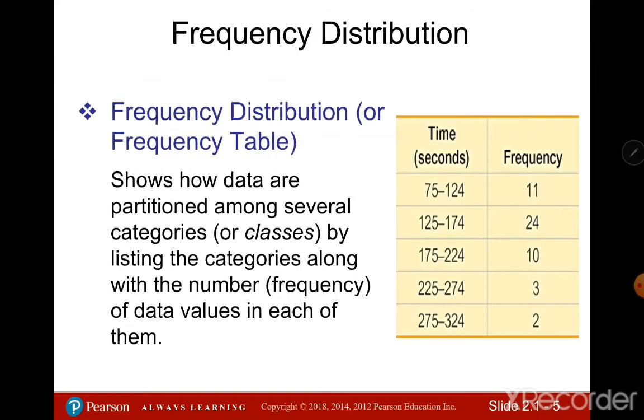If we go back to the example of the frequency table, in the first class, 75 is our lower class limit and 124 is our upper class limit. Similarly, for the second class, 125 is our lower class limit, and 174 is our upper class limit.